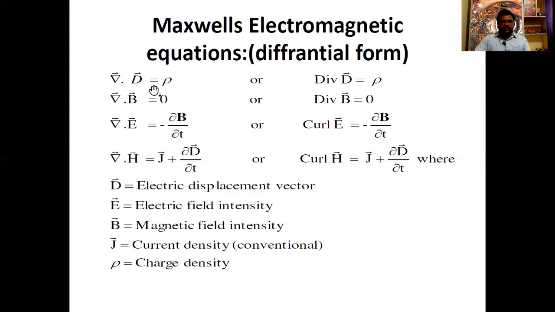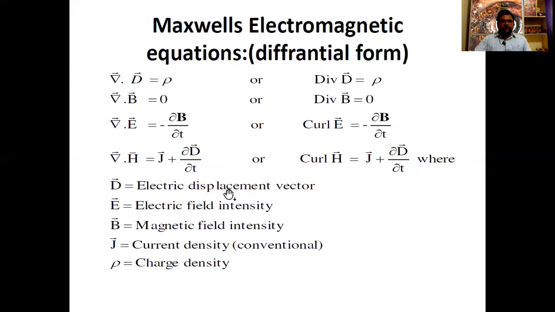This can be written like this also. There is no big difference because all these equations are the same. Here we are just rearranging, that's all. Different quantities are there: D, B, E, and J. We are giving their meanings here.